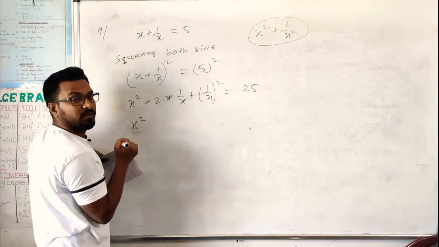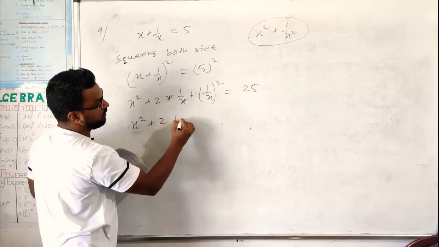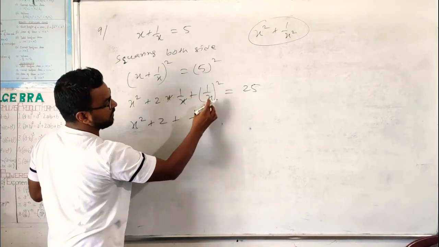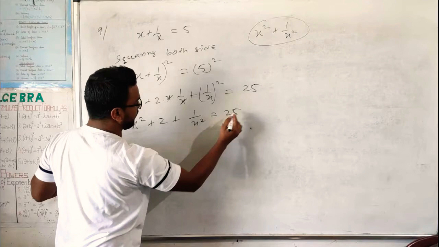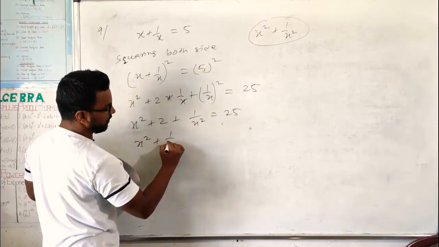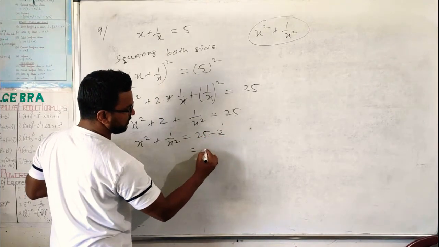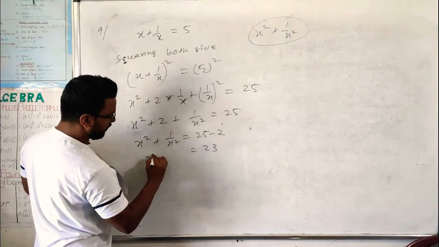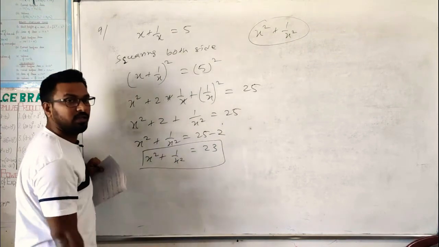This x and this x will get cancelled, right? And this will become 2 plus square of 1 is 1, square of x is x square, and this will be 25. Take this 2 to the other side, you will get x square plus 1 by x square equals 25 minus 2, that is 23.